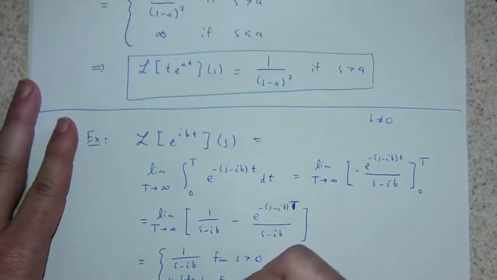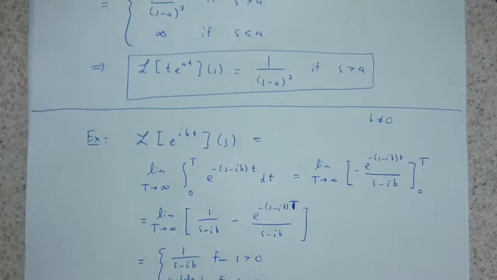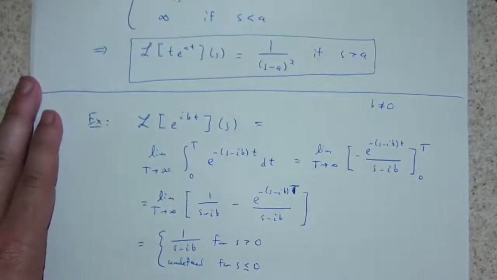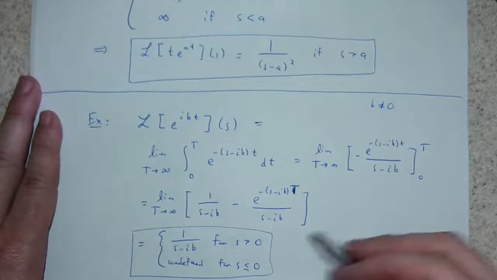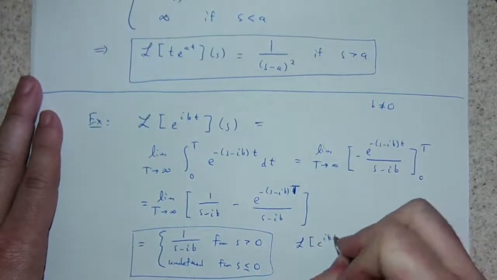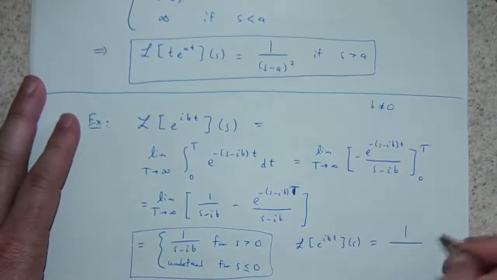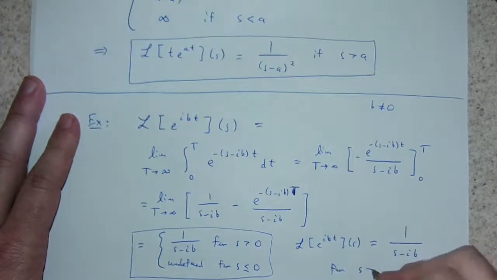So undefined for s less than 0. S equals 0 also is no good. So both of those are discarded. And so a way of expressing this quickly is L of e to the ibt of s is equal to 1 over s minus ib for s greater than 0.